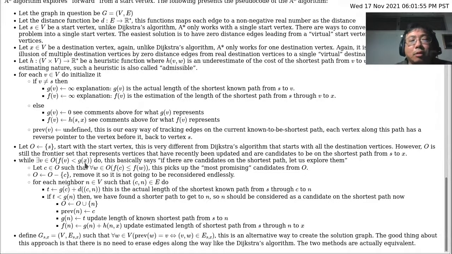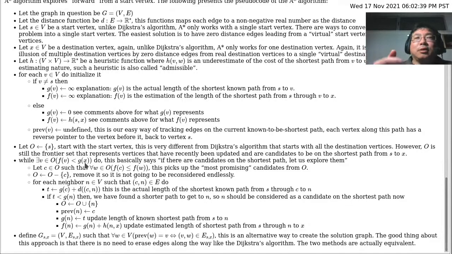The set O is basically every single element of O is a vertex that has just gotten its G value updated to be something smaller than before. The idea of tracking these particular vertices is that a vertex that has outgoing edges, if its G value was just updated, then the vertices connected by its outgoing edges can potentially have found a shorter path as well.